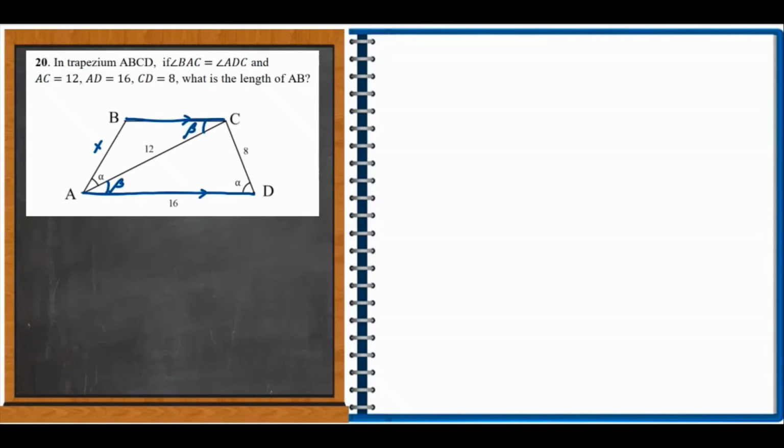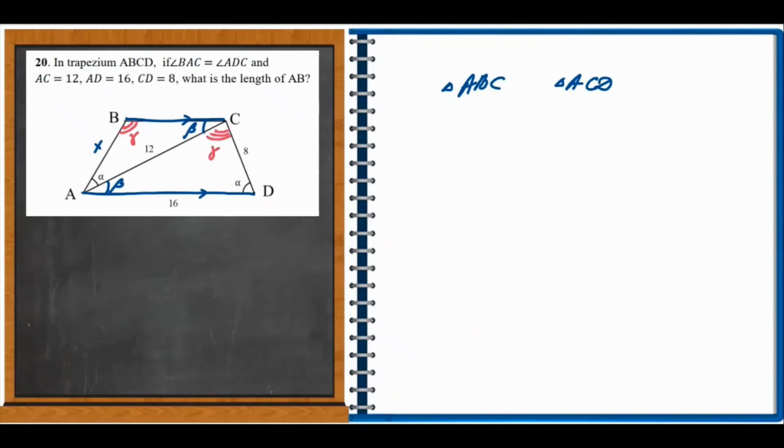Now we have two triangles here, ABC triangle and ACD triangle. Now, are they similar? Yes, because when two angles in the first triangle are equal to two angles in the second triangle, the third angles are going to be equal.